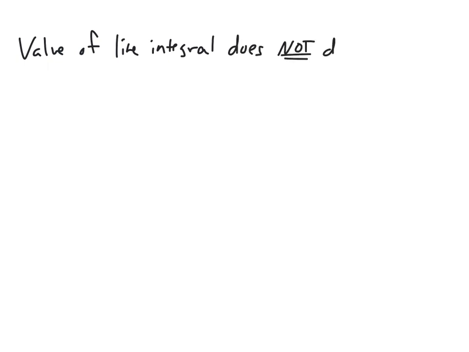Before we look at any examples evaluating line integrals, we want to talk quickly about a couple properties that become important as we go through our study of line integrals. The first important fact is that the value of this line integral does not depend on the parameterization of the curve.